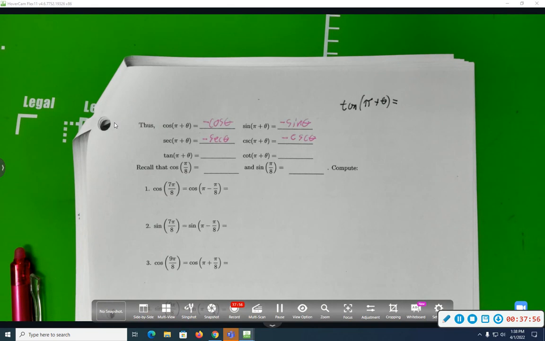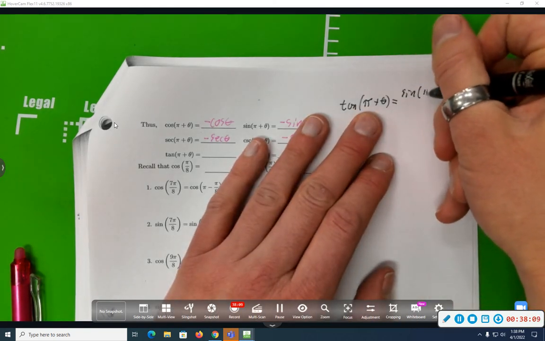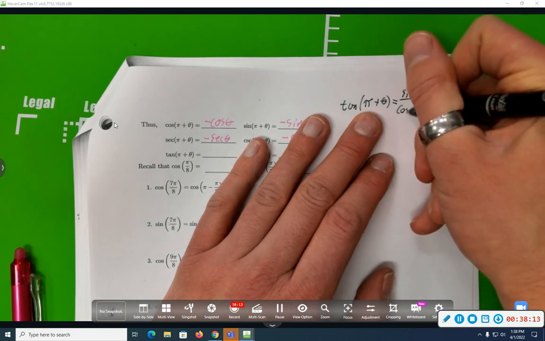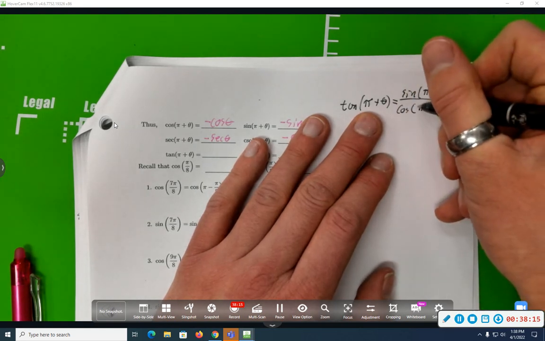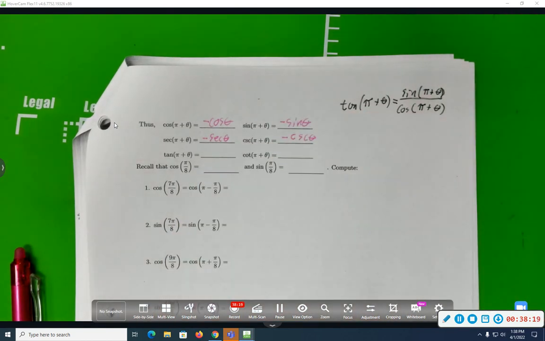Tangent is what in terms of sine and cosine? Sine over cosine? So this will be sine of pi plus theta divided by cosine of pi plus theta. What happens to sine when I replace theta with pi plus theta?